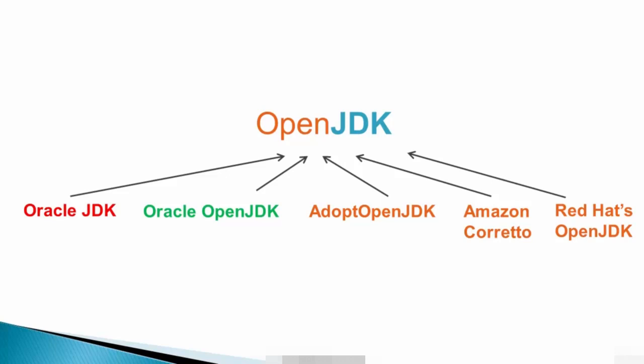Now, when we say source code, it would mainly be the Java library or the Java API code and a JVM implementation called HotSpot. And HotSpot is written in C++. So all these different providers would include the same API code and the HotSpot JVM.